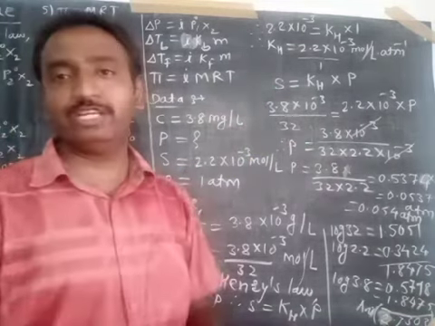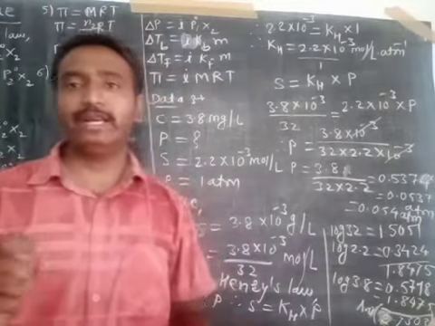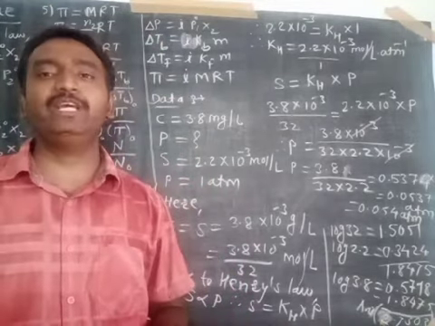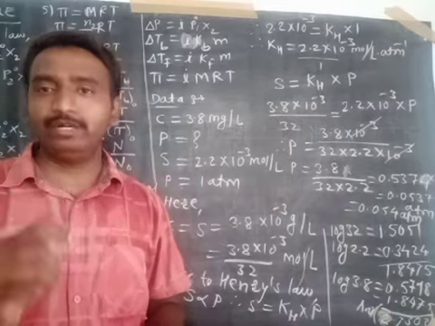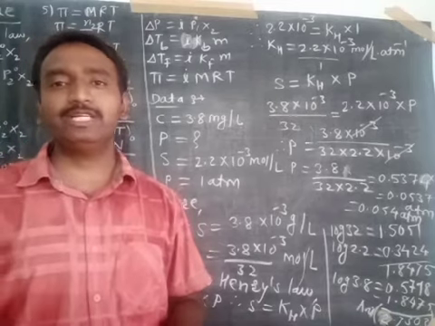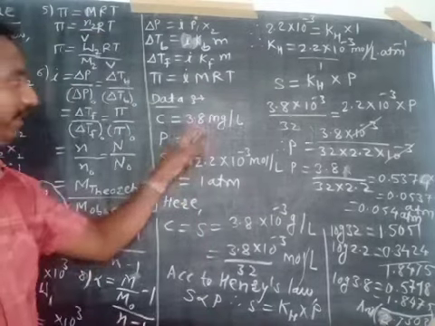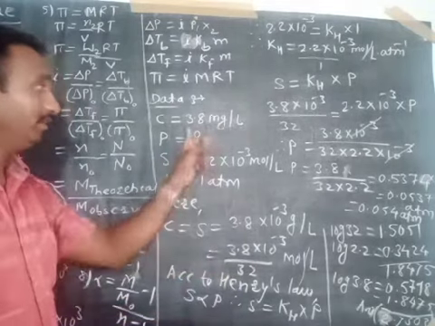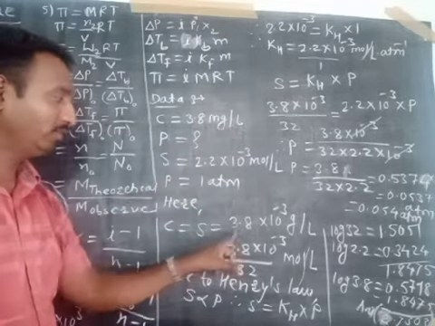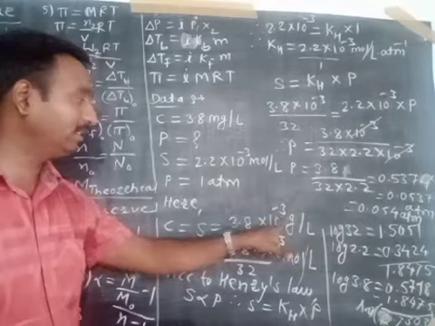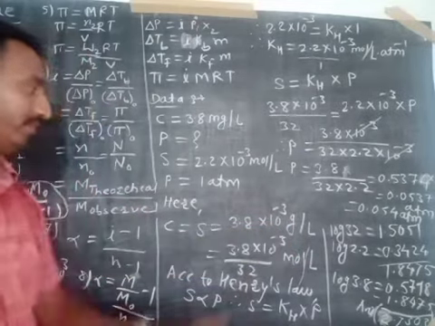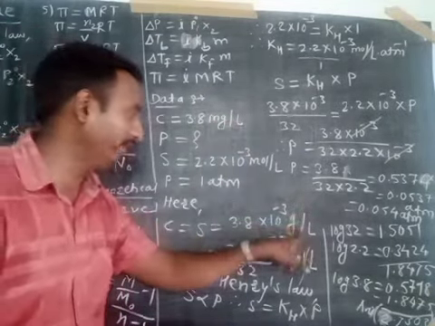We have the relation: 1 gram is equal to 10 raised to 3 milligram, or 1 milligram is equal to 10 raised to minus 3 gram, and that's why 3.8 milligram is equal to 3.8 into 10 raised to minus 3 gram per liter. This is the conversion of milligram to gram.